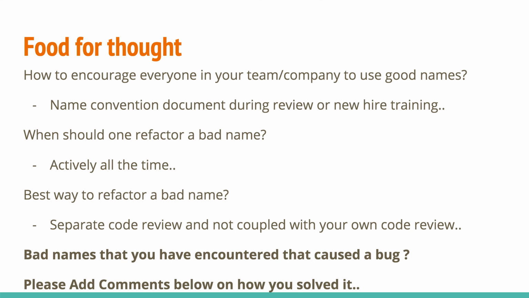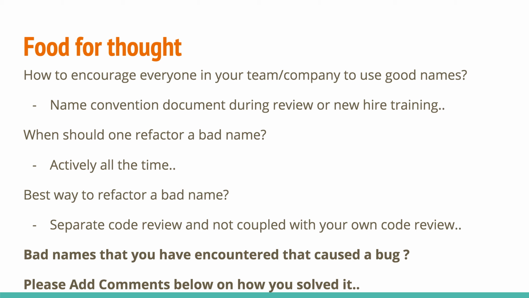Few things to think about. Now we know many tips on using good names, but how would you go about encouraging everyone in your team or even your whole company to use good names? Because you would have to, as a software developer, review their code. They would have to review your code, and for this to work for a long term, everyone needs to use good names.